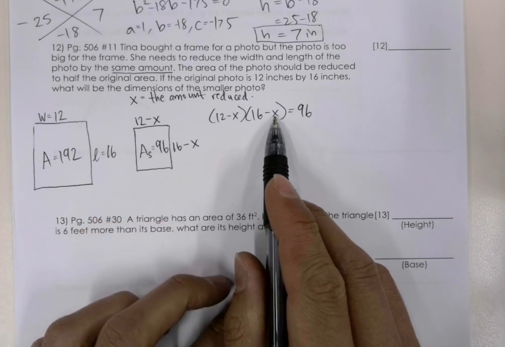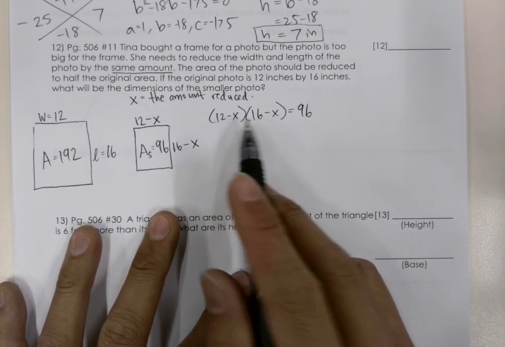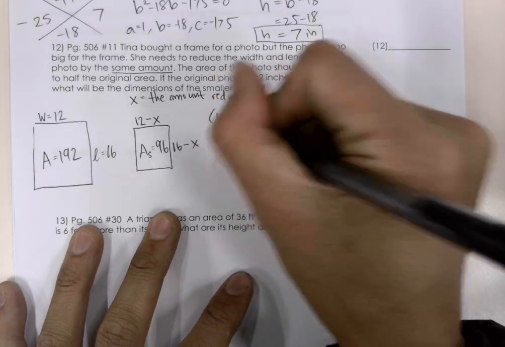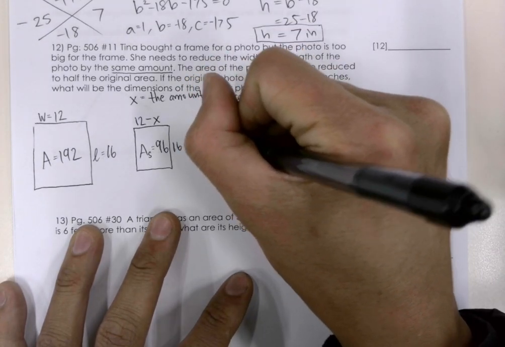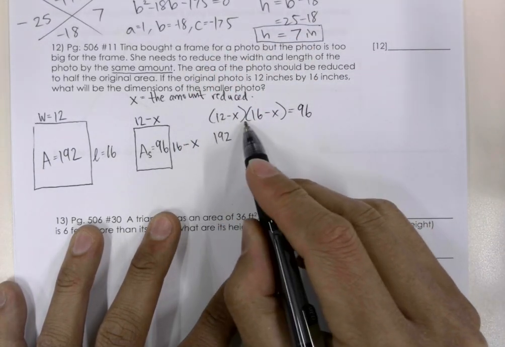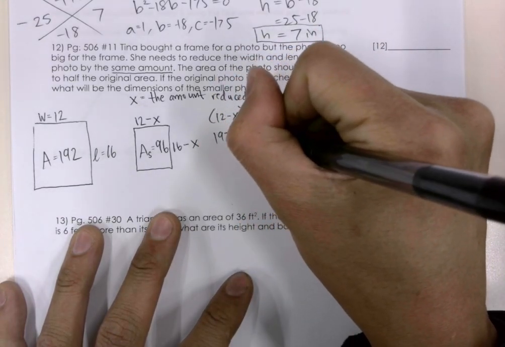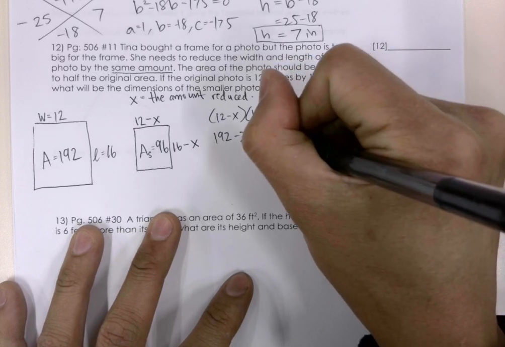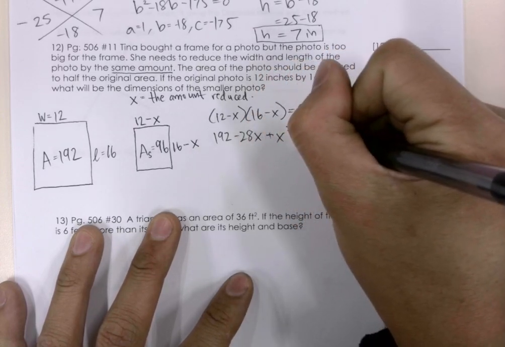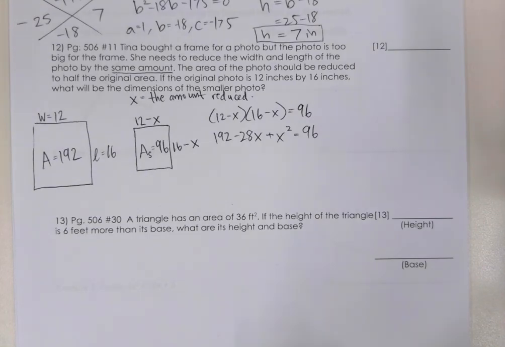And if we distribute out, then what do we get? We get 192, and then we have minus 28x, and then we have plus x squared is equal to 96.